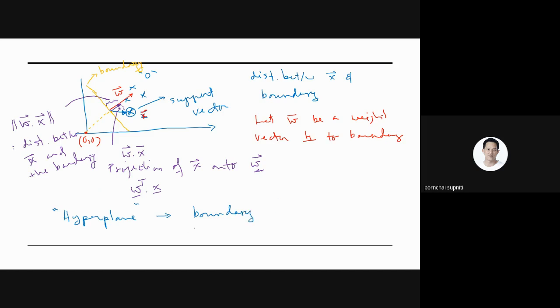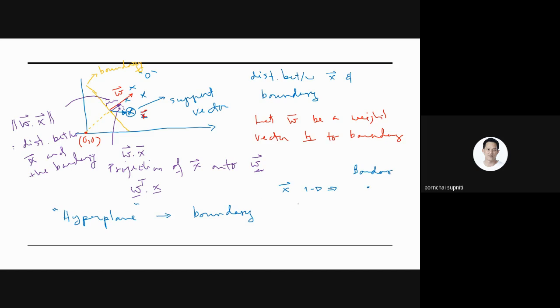If x is just one-dimensional, then the boundary will be just a dot.